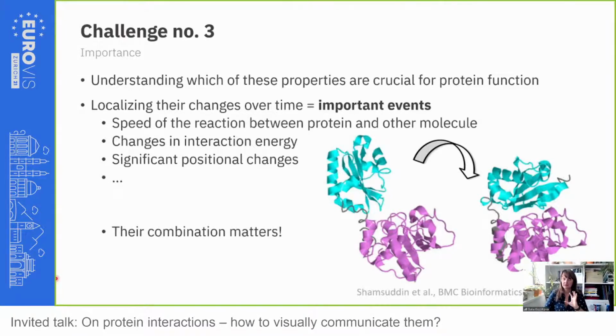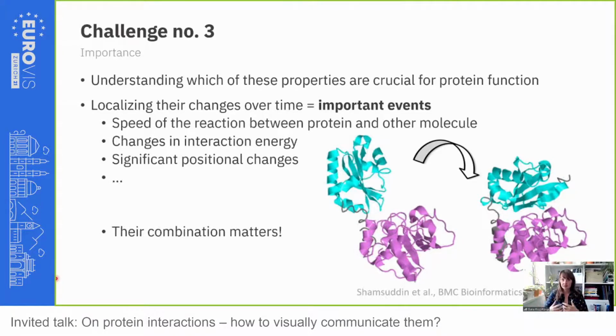So if there is some geometric change and at the same time, for example, some energy peak, then this is even more important than only a geometric change, for example. So all these things play a significant role for the biochemist to understand the properties and functions of proteins and interactions with other molecules.